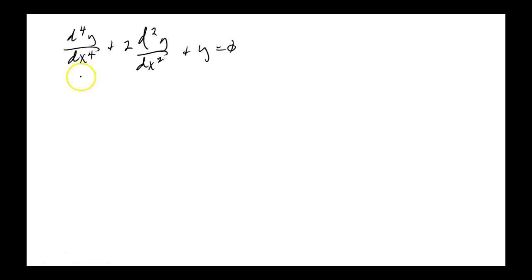All right. So we can write this in m form. It'd be m to the fourth plus 2m squared plus m equals 0. You got it. Now, let's ruin stuff. We can do.